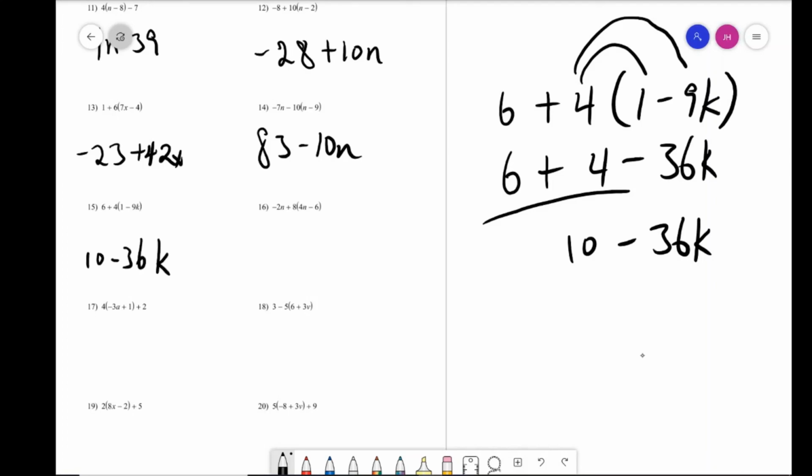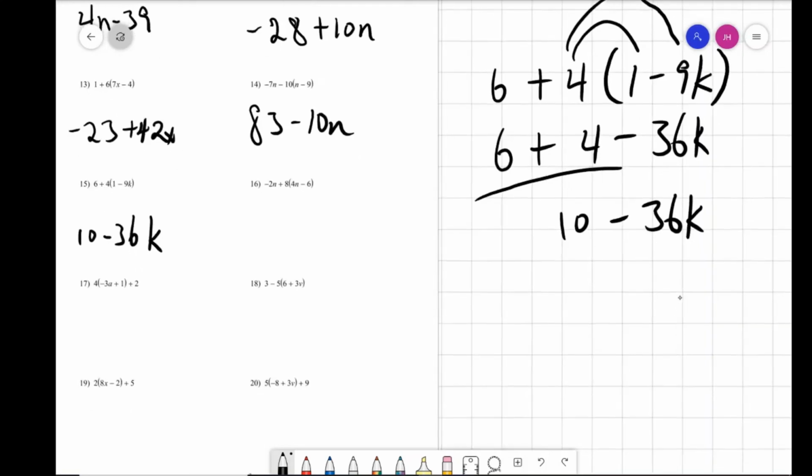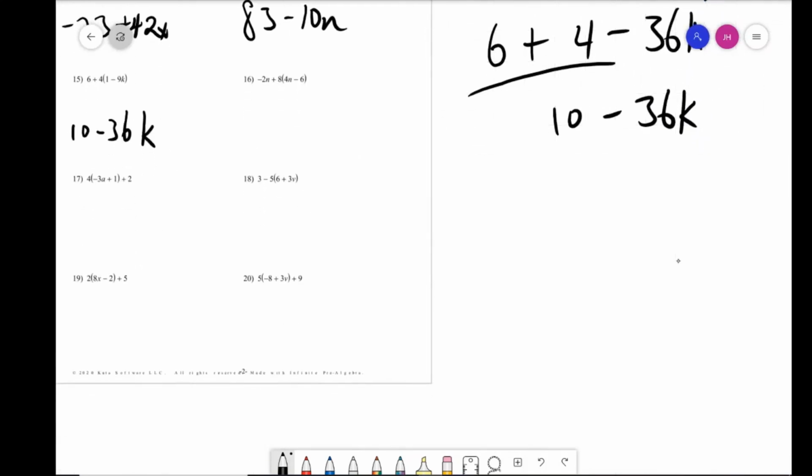Okay, number 16. Negative 2n plus 8 parentheses 4n minus 6. Okay, negative 2n.